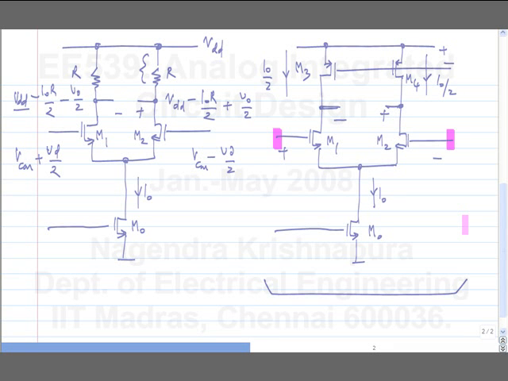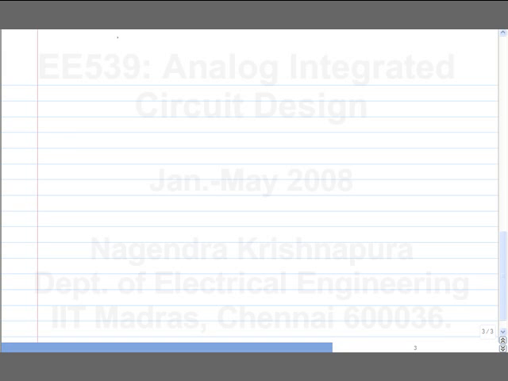So what equivalent circuit will be used to analyze it? We will basically fold the circuit over and connect the 2 sides. If I do that, M3 and M4 get combined into a single transistor. M1 and 2 get combined into a single transistor, and the gate is at VCM.